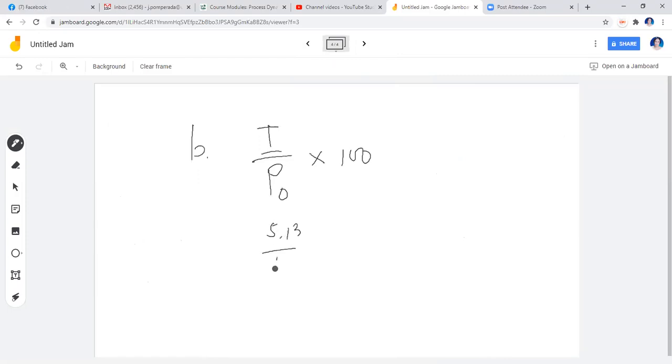Your initial amount placed in the deposit is 100, times 100. So the equivalent rate is 5.13%. So you're getting the equivalent annual rate that is based only on the interest, not on the actual amount after the period. And that's the 105.13. So this is the case for number 2.